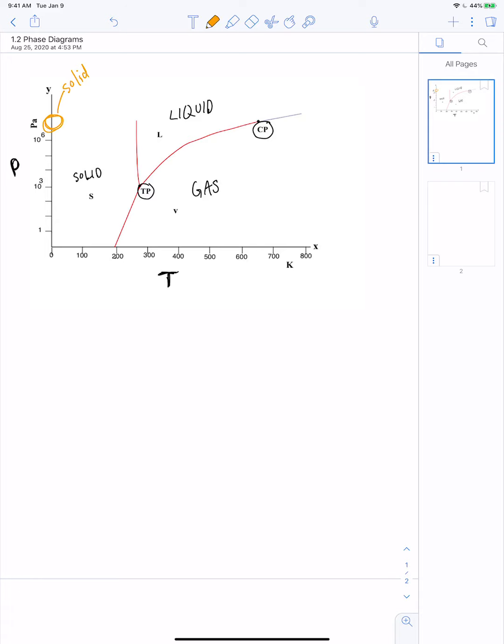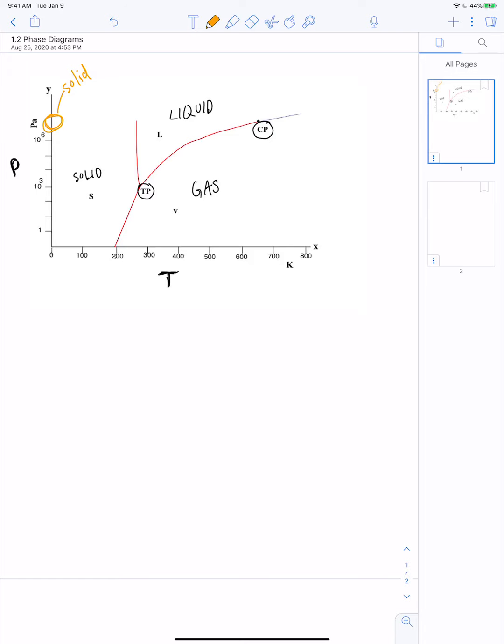When things are cold, what do things tend to be at cold temperatures? Think about water. It tends to be ice. And then what do high pressures favor as well? If you think about things in a vacuum, they tend to evaporate. High pressures tend to favor solids. So at the absolute highest pressure and the absolute lowest temperature that you could have, at least on this graph, we are not surprised that this is a solid.